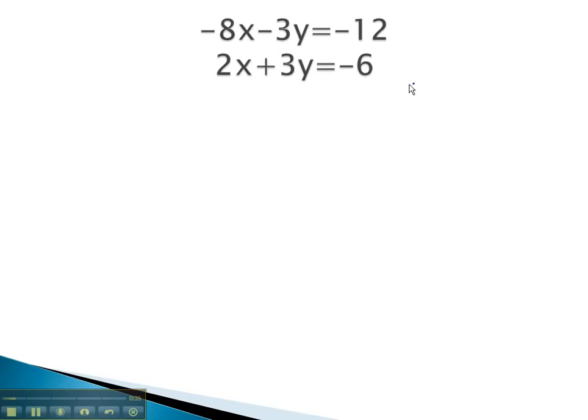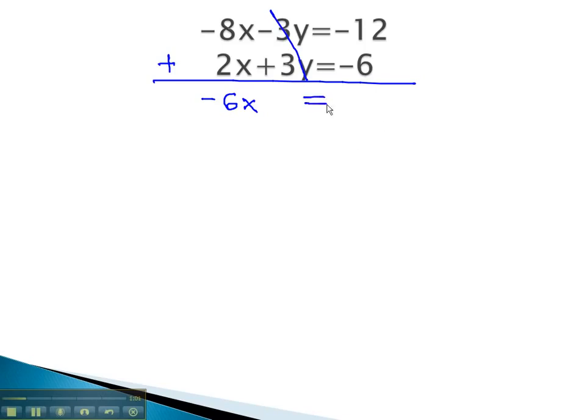For example, in this problem, we're going to add together the left side and add together the right side of this equation. As we do, notice negative x plus 2x is negative 6x. More interesting is notice that when we add the negative 3y plus 3y together, they subtract out completely.